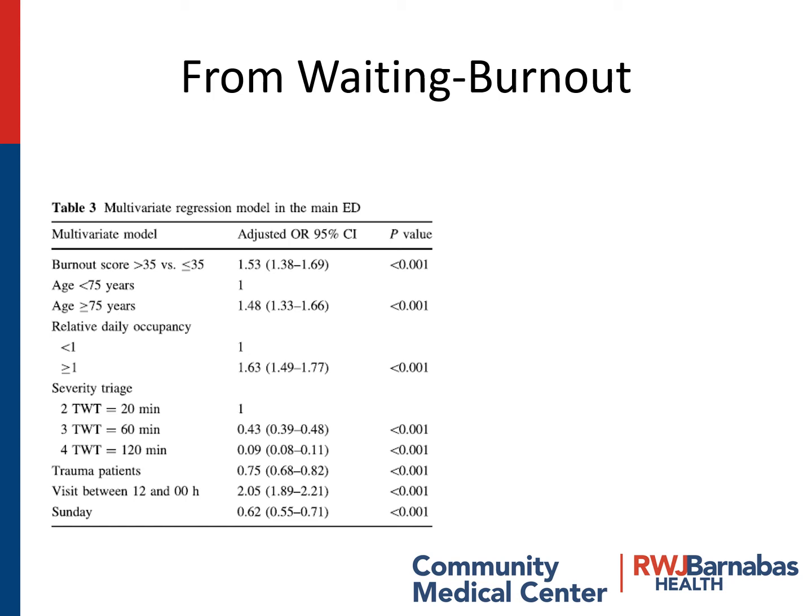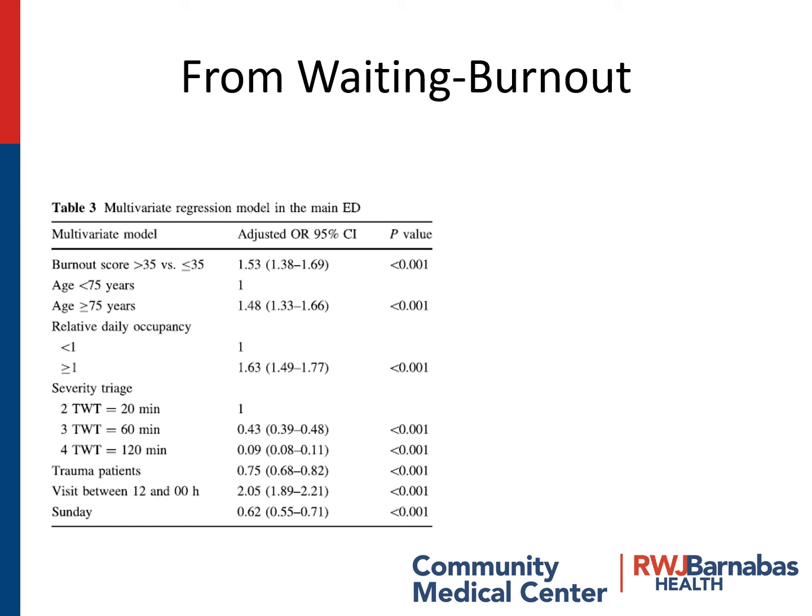So here is from the waiting burnout study. They used logistic regression, and they could have used linear regression. They should have used linear regression, but that's neither here nor there. So what they did is, you can see that if your burnout score was greater than 35, then the adjusted odds ratio of missing your administrative waiting time target was 1.53.